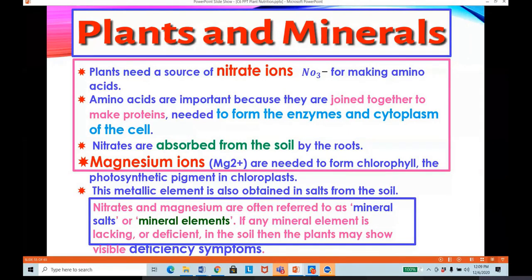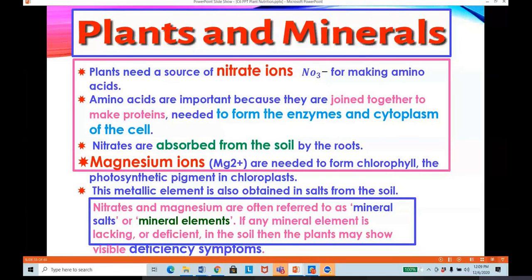So by which process are the nitrate ions absorbed by the roots from the soil? Ladies, you forgot already? By the process of active transport, isn't it?